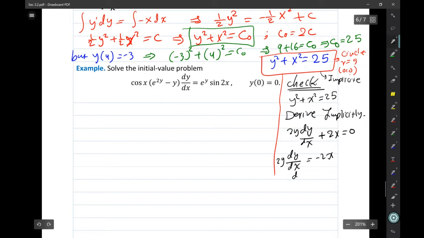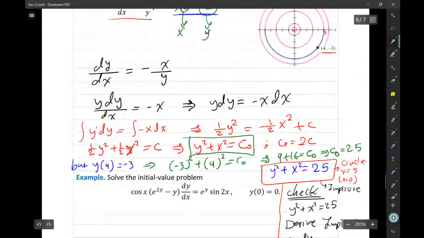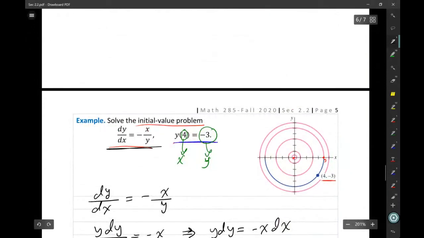Divide both sides by 2y, and it becomes dy by dx is equal to minus 2x over 2y, which is minus x over y, which is exactly my original differential equation. Have a look. See?